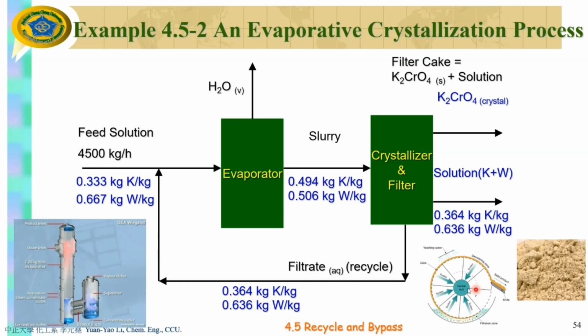Okay, so if you take a look at the slide here, that means you have 95% of the solid and 5% solution. This is what we call the specification, or spec, for these 2 streams.